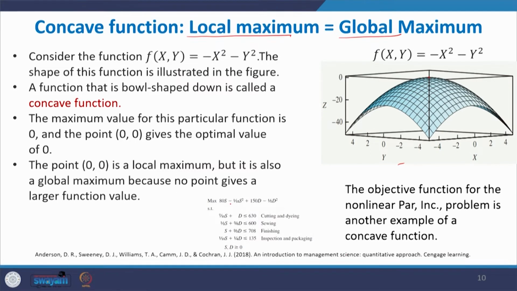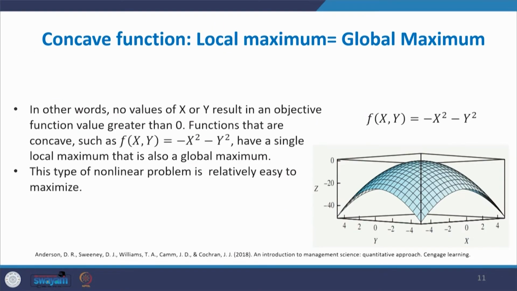Because look at this shape: minus x square and minus y square. If the objective function is of this form, then we can call it a concave function. In a concave function, the local maximum is equal to the global maximum. In other words, no values of x or y result in an objective function value greater than 0.